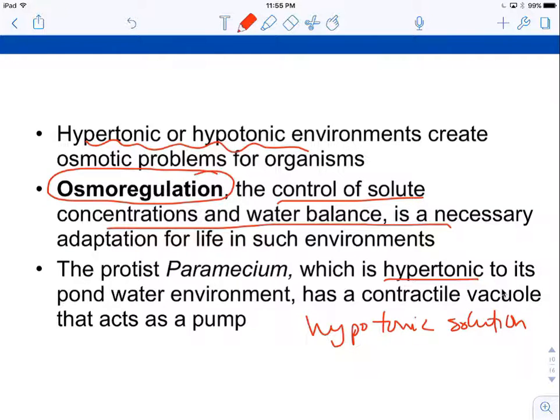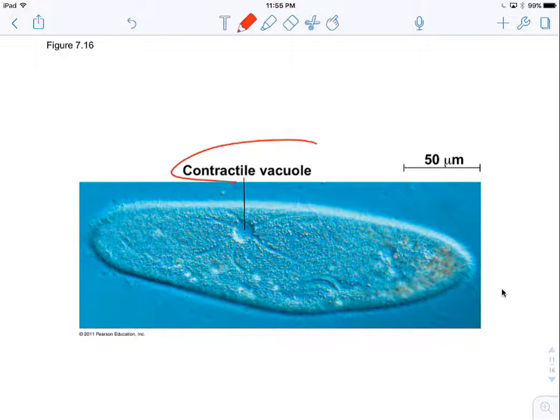So again, if it's hypotonic, the cell, our poor little paramecium, is going to get fat like a hippo. So it keeps taking on water. So it's evolved a method of getting this water out, and that is via a contractile vacuole. And what happens is, let's show this contractile vacuole, there it is. It acts as a pump.